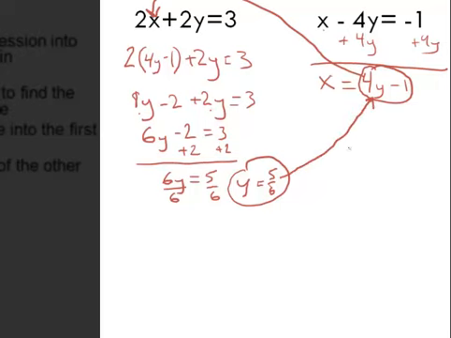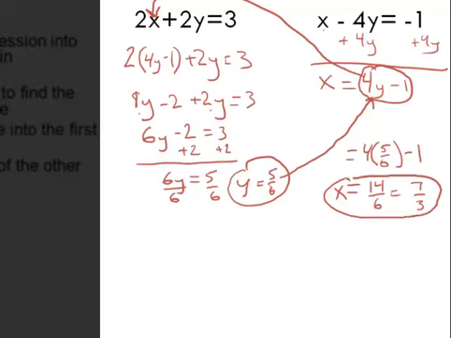That gives us 4 times 5/6 minus 1. 4 times 5/6 is the same thing as 20/6 minus 1, or 20/6 minus 6/6 would be the fraction 14/6, which can be reduced to 7/3. So I've got a potential answer, x equals 7/3 and y equals 5/6.